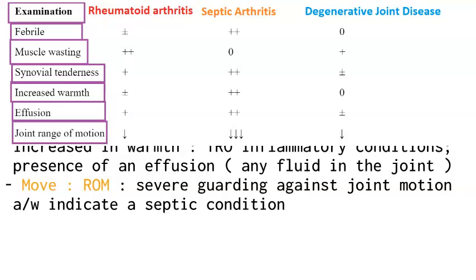For degenerative joint disease, no fever, there is muscle wasting. Sometimes there is or there is not synovial tenderness, no warmth, minimal effusion, and just reduced range of motion.